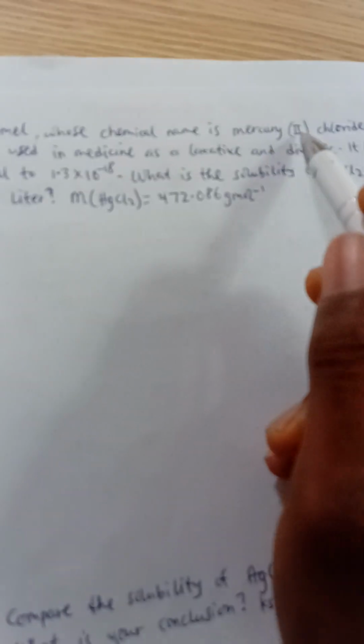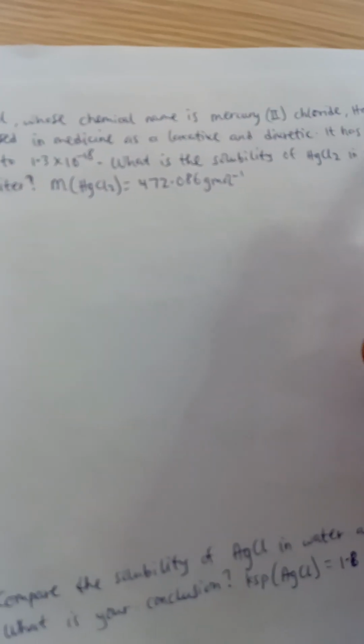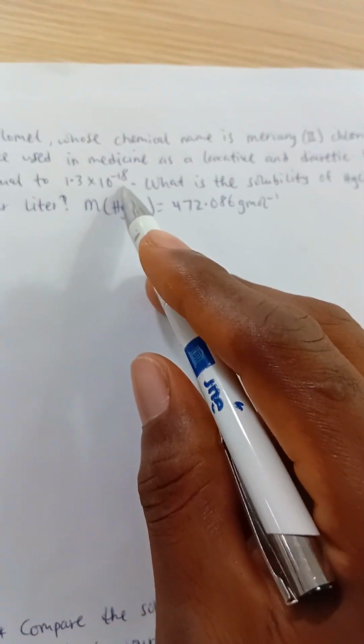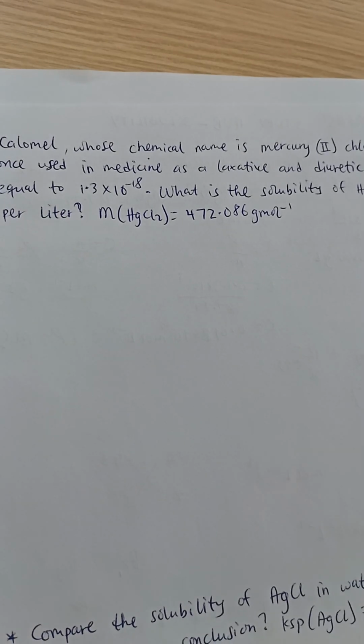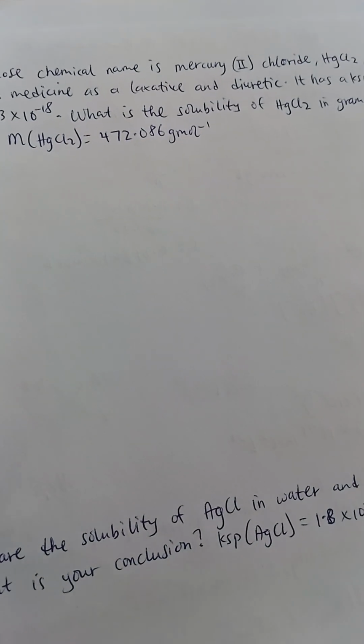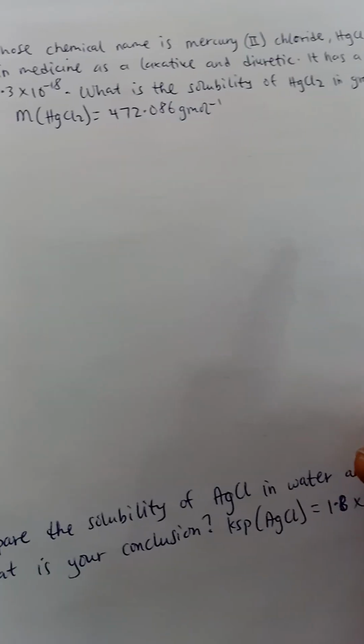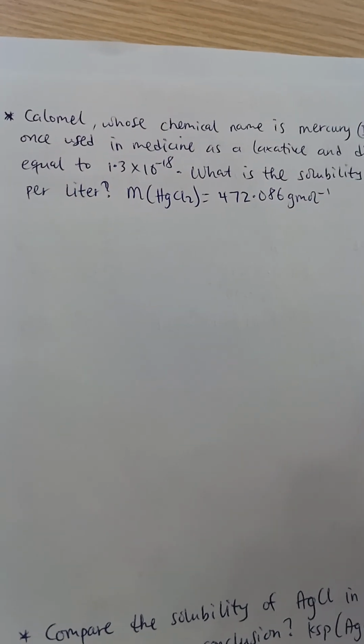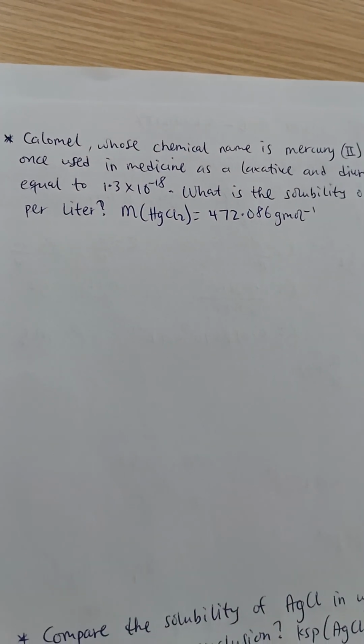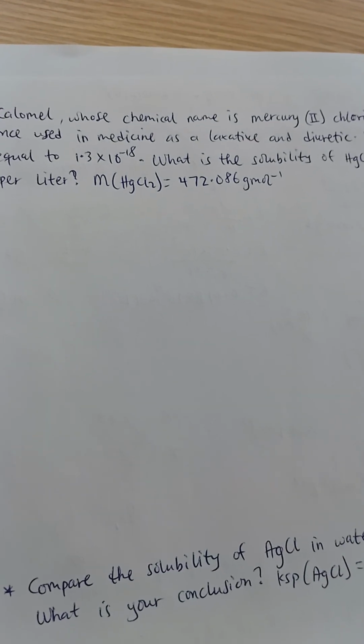Calomel, whose chemical name is mercury 2 chloride, was once used in medicine as a laxative and diuretic. It has a Ksp equal to 1.3 by 10 to the power minus 18. What is the solubility of mercury 2 chloride in grams per liter? Yeah, so you see, you can be asked to express the solubility in grams per liter as well.